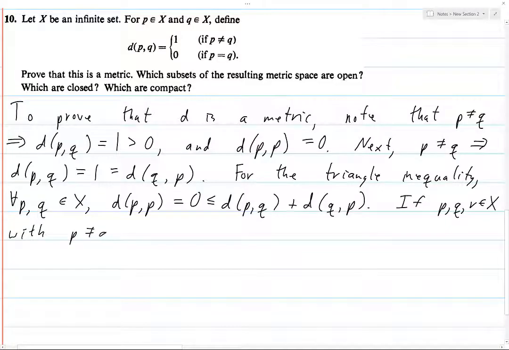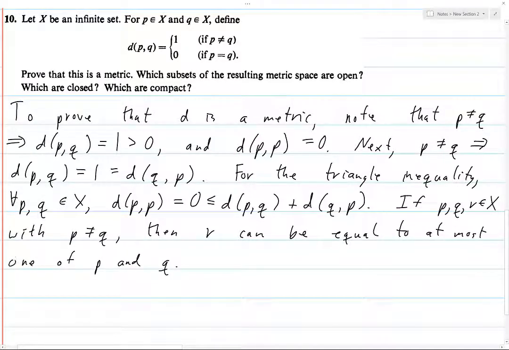and P is not equal to Q, then R can be equal to, at most, 1 of P and Q. And so what this means is that the distance between P and R plus the distance between R and Q, well, if R is equal to at most 1 of P and Q, then the distance between P and R could be 0 if P equals R, and the distance between R and Q could be 0 if R equals Q. So either of these two terms here could be 0, but if one of these is 0, then the other one will not be 0.